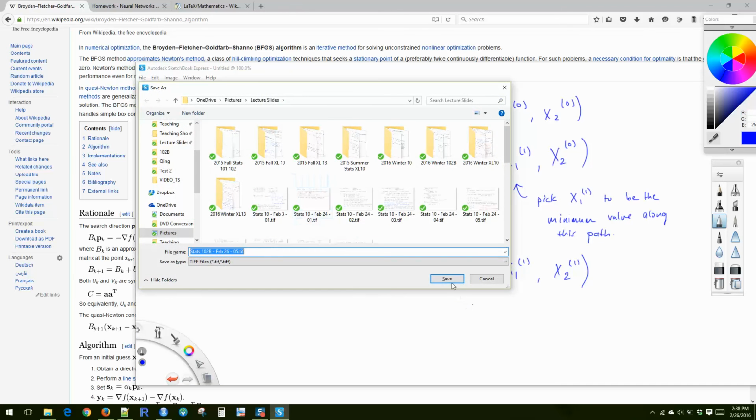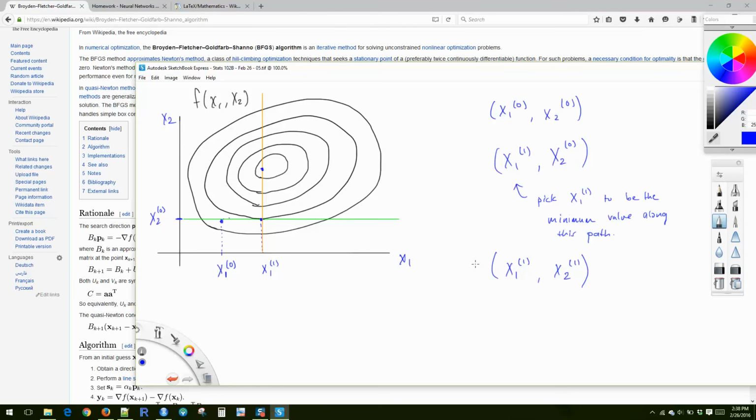Okay, so here, maybe I have to go back. So we started off at this point right here, at x1 at time 0 and x2 at time 0. We're going to keep x sub 2 at time 0 constant, and that's what this green line represents, along this green path.